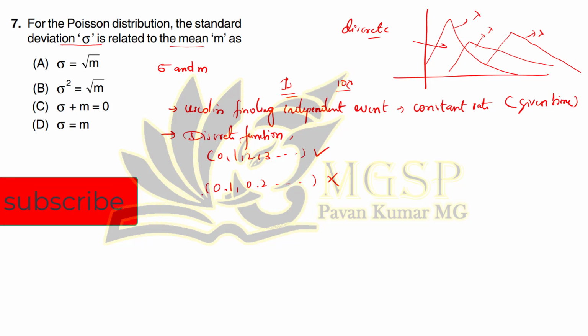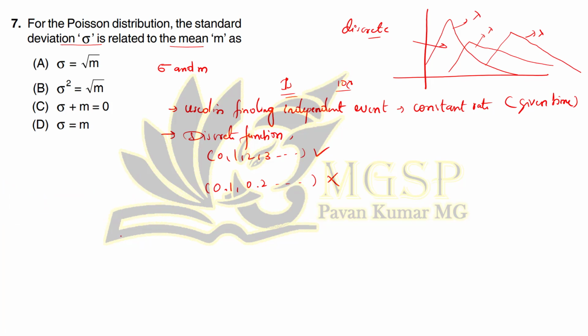The general expression for the Poisson distribution is like this: p of x, I will try to represent in the form of m, so that will be m to the power x, e power minus m, divided by x factorial.